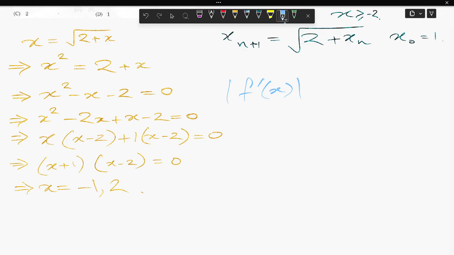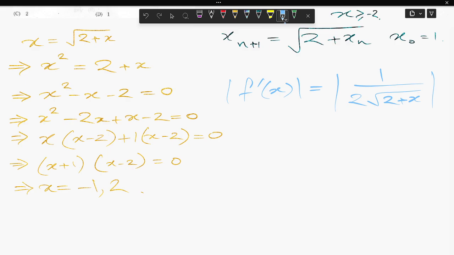So that is equal to the modulus of 1 by 2 into root over of 2 plus x, as we know that the derivative of root over of 2 plus x is equal to 1 by 2 into root over of 2 plus x.